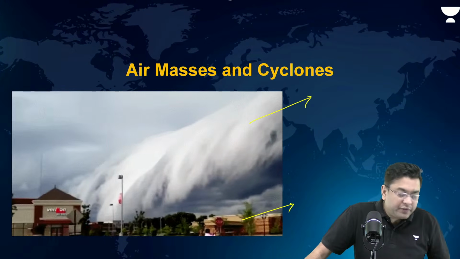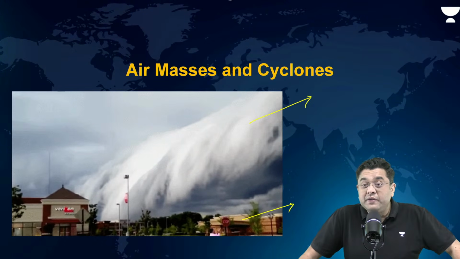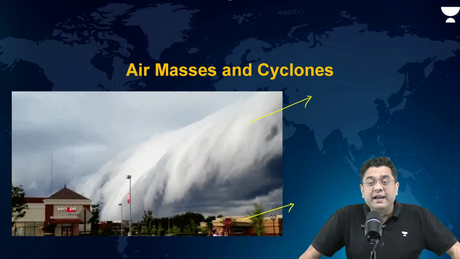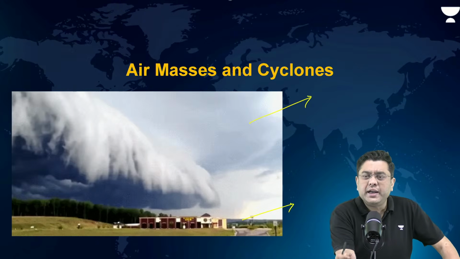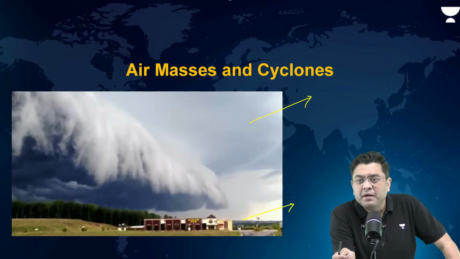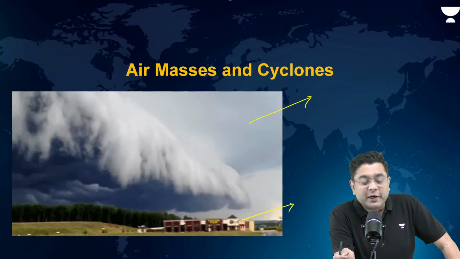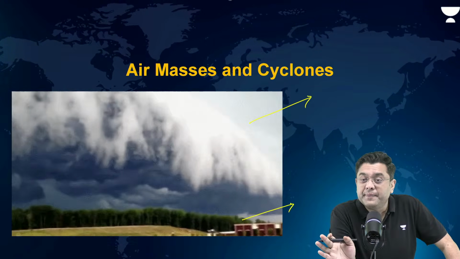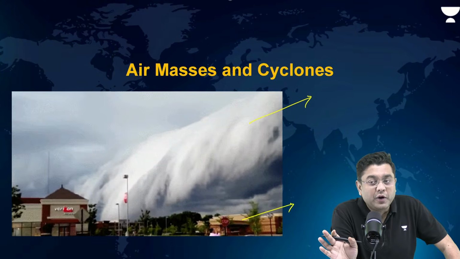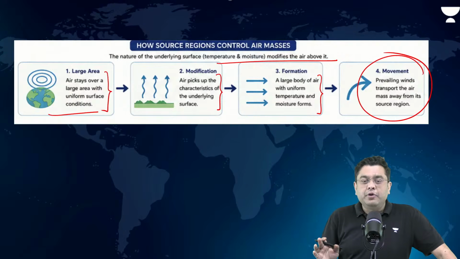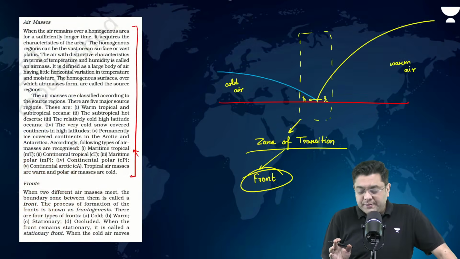I hope this is now making sense, why you can have these kinds of climatic conditions. Can you have this condition in a country like India? No, because you don't have such cold air. You only have pockets of warm air. Okay, so that is the case of a warm front.